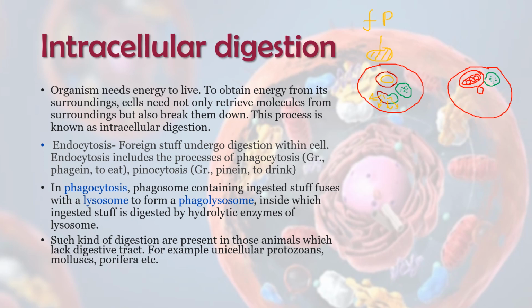It becomes an autolysosome, and after that the mitochondrion is disintegrated with the help of the hydrolytic enzymes present in the lysosome, and is used by the cell as a nutrient.